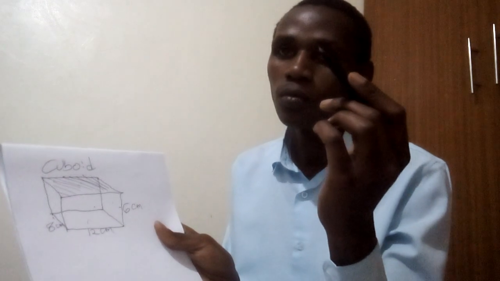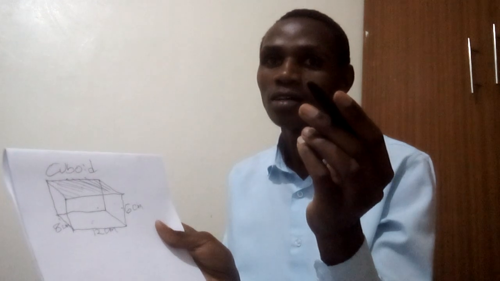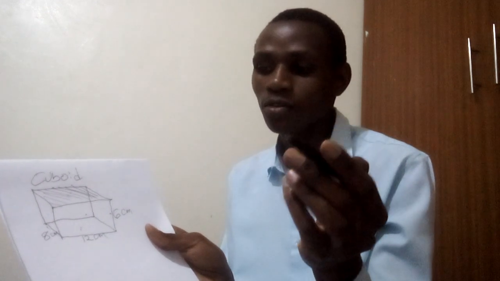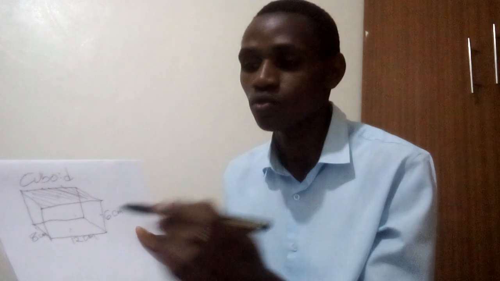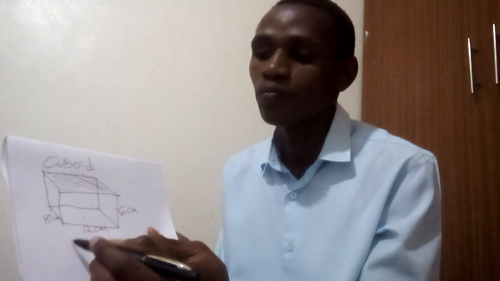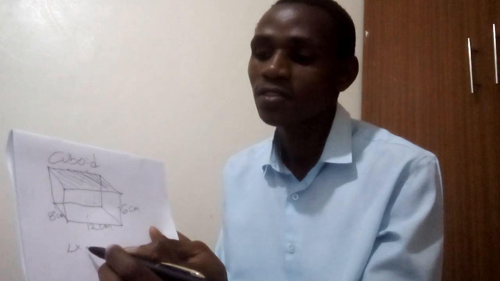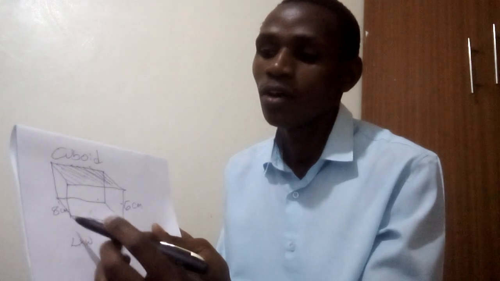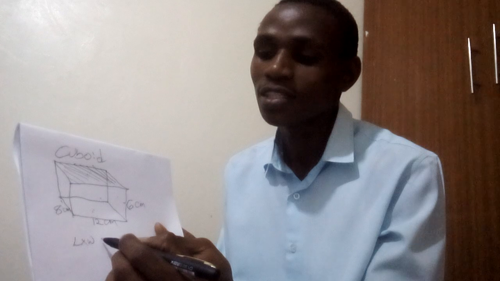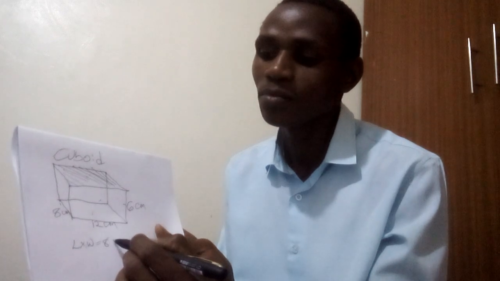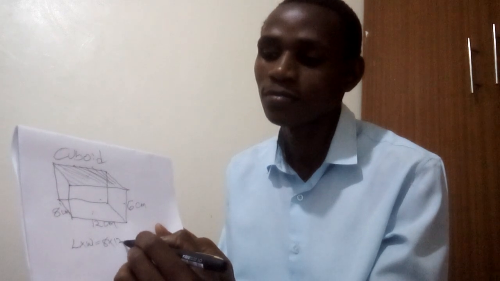So we've said earlier how to calculate the area of a rectangle. It's length times width. So how do we calculate the surface area? It's very simple. It's length times width, which is 8 multiplied by 12.